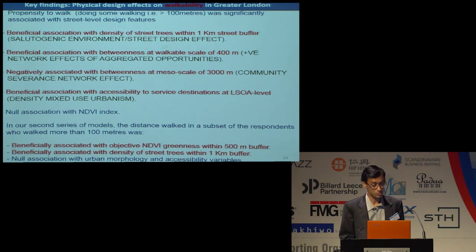There was also a beneficial association with accessibility to service destinations measured at the lower super output area level. In a sensitivity analysis, we found that the actual distance walked was beneficially associated with 0.5 meter resolution normalized difference vegetation index, an index of greenery, as well as with the density of street trees.